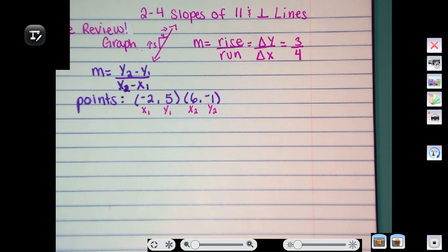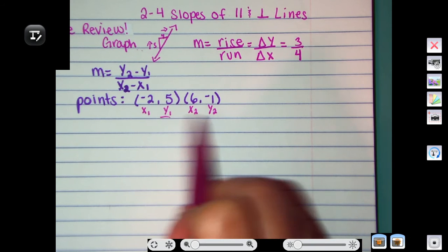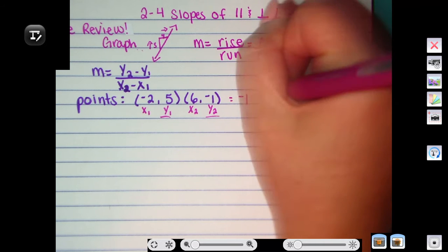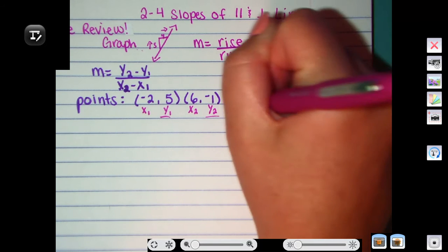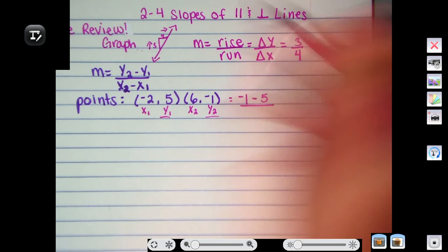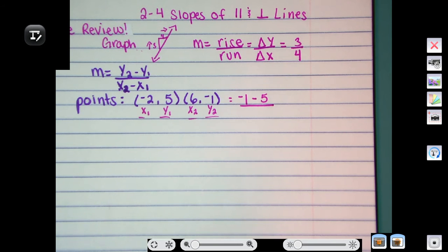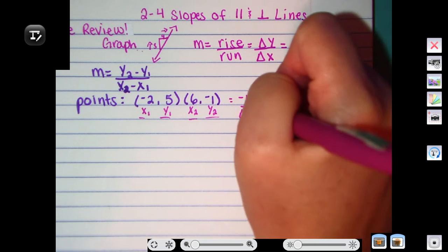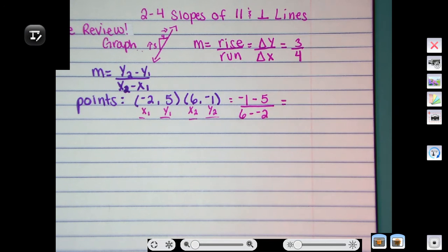So I'm going to subtract my y's here. That's going to be -1 minus 5, and then I'm going to subtract my x's here. So that's going to be 6 minus -2, and then I'm going to do my calculation.